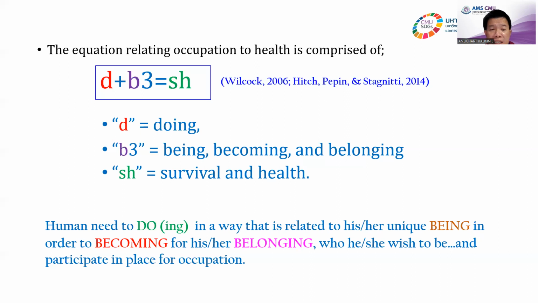Humans need to do, in a way that is related to his or her unique being, in order to become, for his or her belonging, who he or she wishes to be and participate in a place for occupation. This is very, very important. Doing, being, becoming, and belonging equal survival and health.